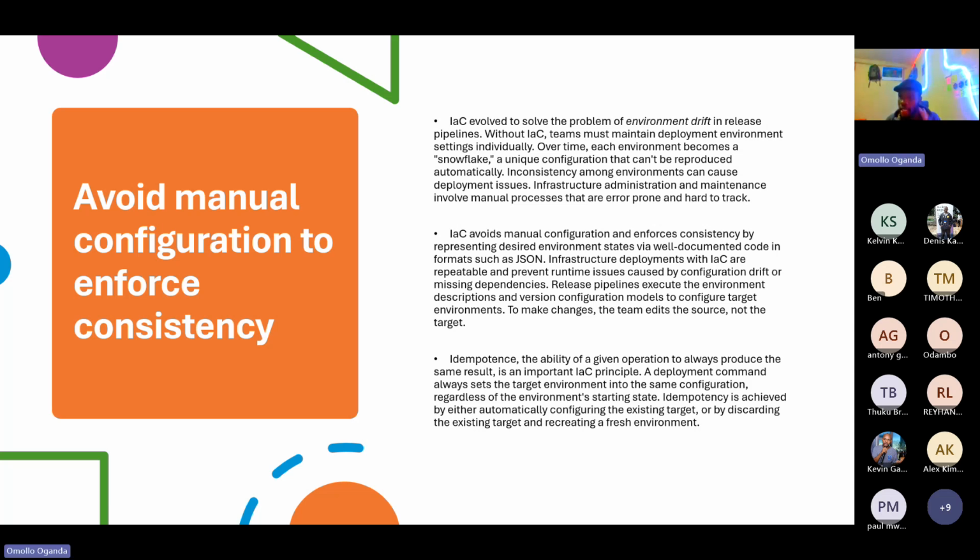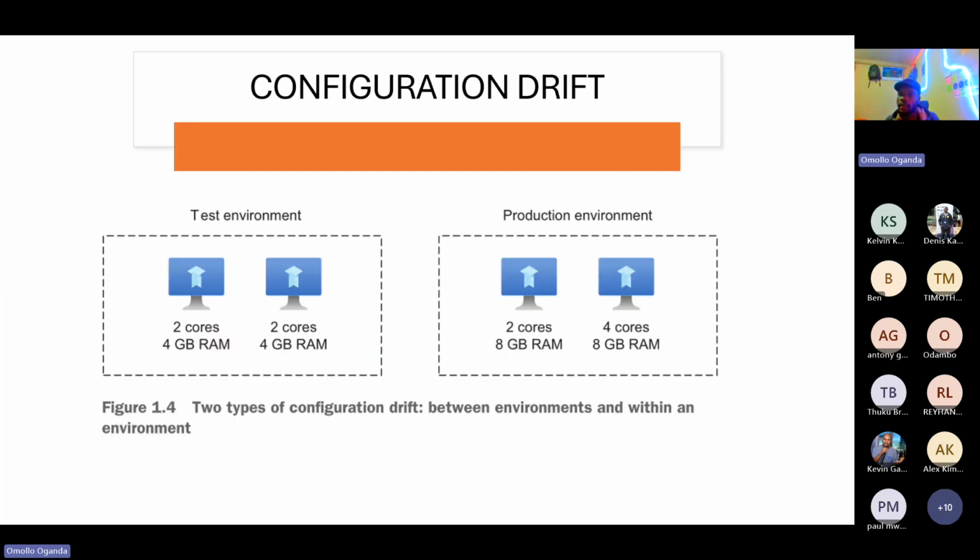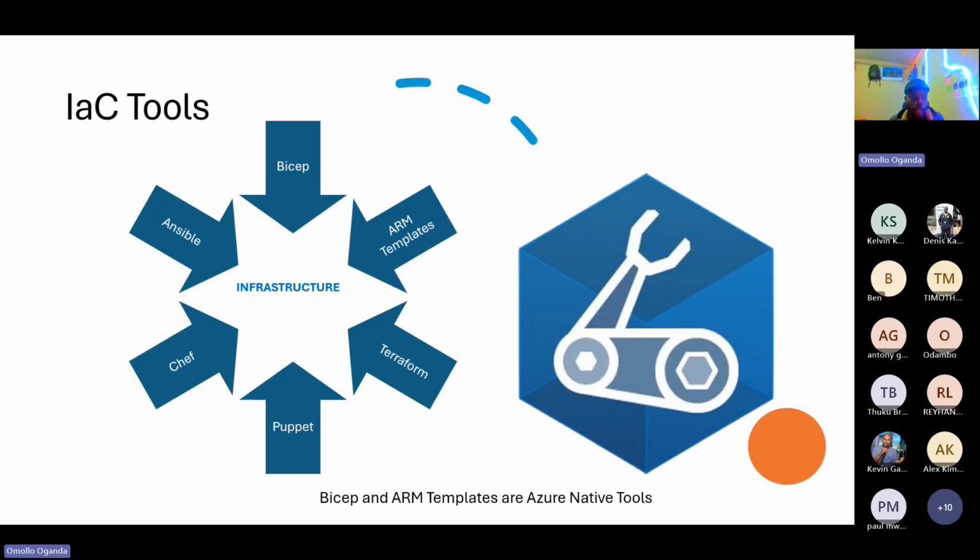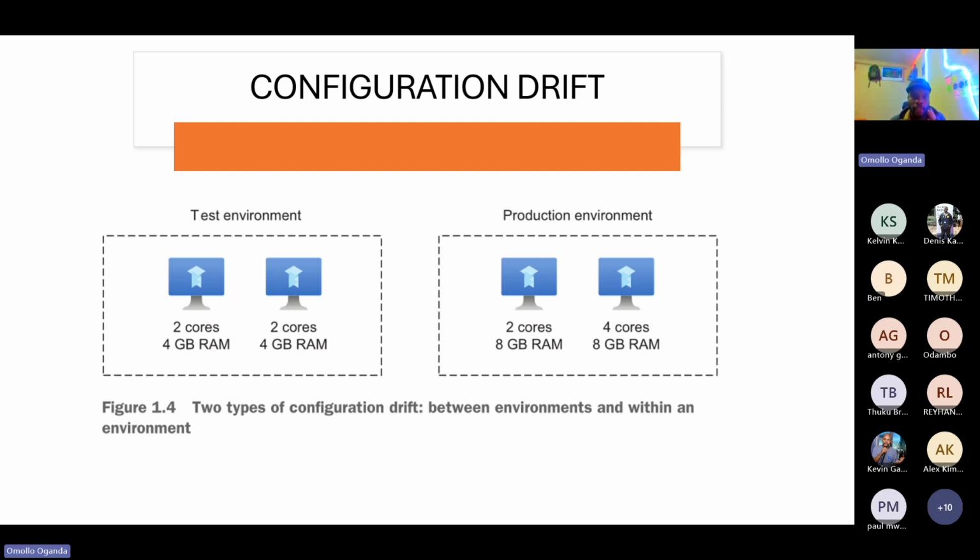Now, let me show you visually what happens with configuration drift. I'll skip to my slide here. Now, if you look at this slide, it has some configuration here. You see, I have a test environment and also a production environment.